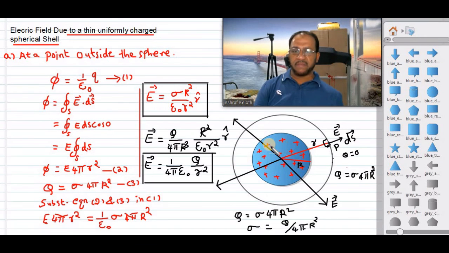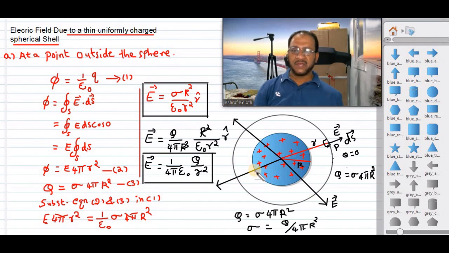So if you imagine all these charges are concentrated at the center of the sphere, and then you take a point P here at a distance small r from that point charge, according to the first equation we already derived, electric field due to a point charge is given by what? 1 by 4 pi epsilon naught Q by r square. So what is the meaning of this one? All the charges are concentrated at a single point.